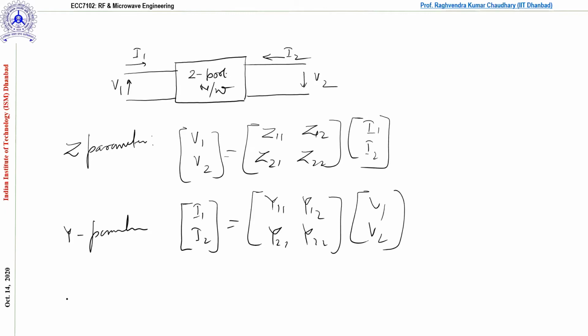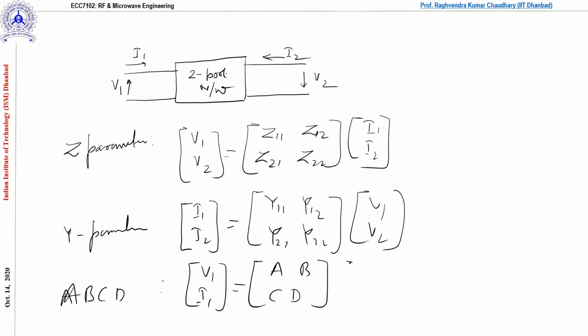And one of the most important parameters is the ABCD parameter, or the transmission parameter. We know these things. So this is V1, I1 equal to ABCD times V2, minus I2. Correct. Now, what is the use actually? We need to recall some facts here. When we are using the Z parameters, the whole circuit is represented in terms of the impedance parameter.